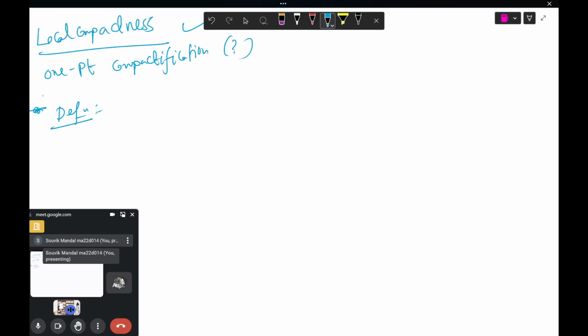So, what does this one point compactification mean?